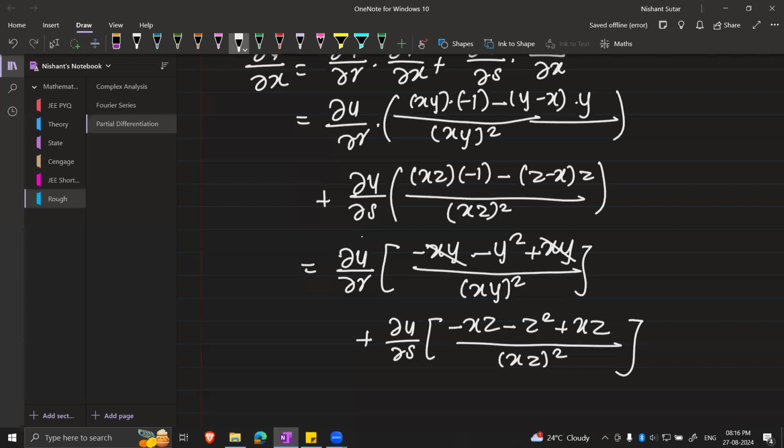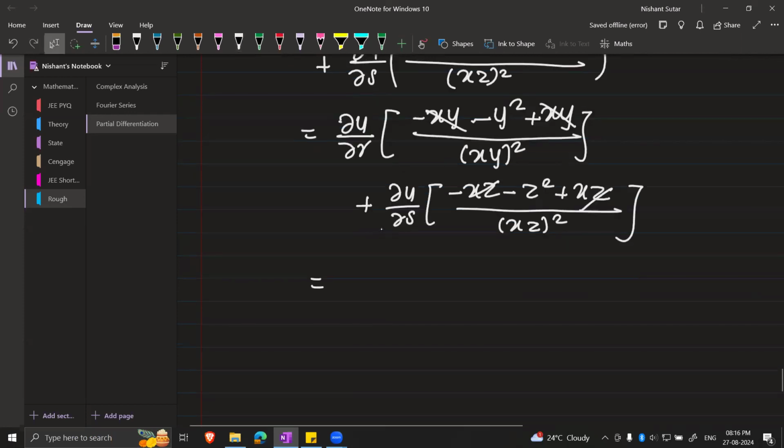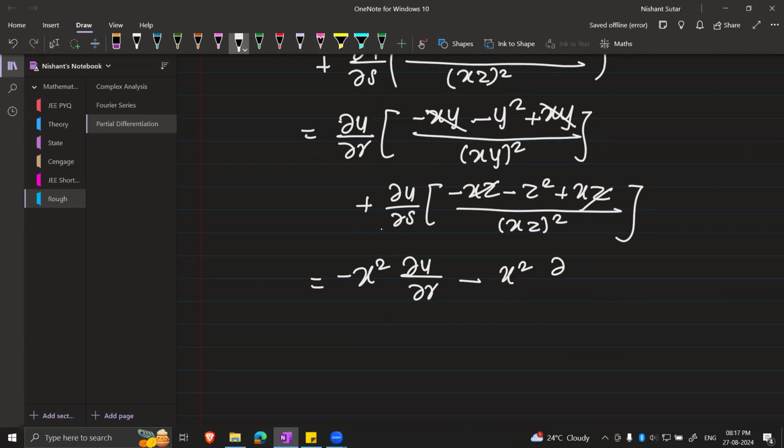Note that these two will cancel out. So we will be remained with minus y square upon xy whole square. So it will be minus 1 upon x square del u by del r minus, again we will have 1 upon x square del u by del s. So again resubstituting, well, I won't substitute, that's enough.